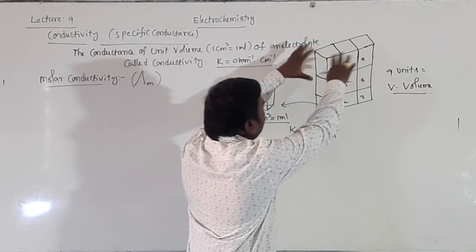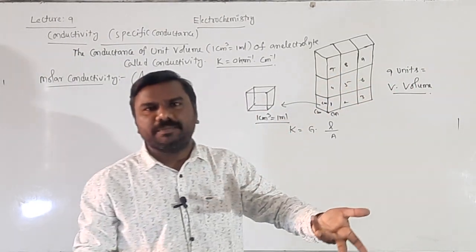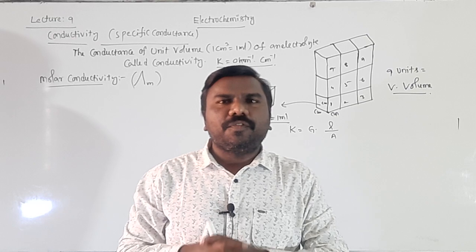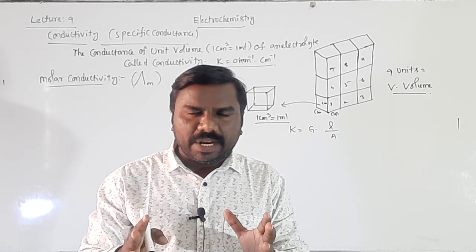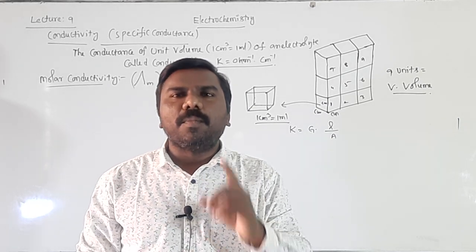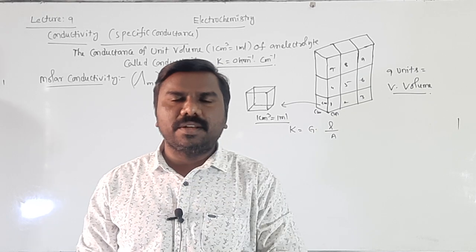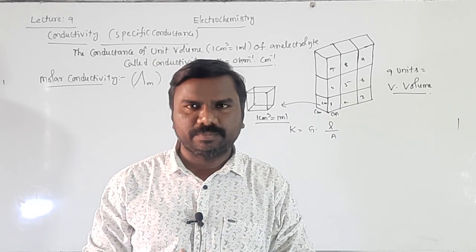But if you take the total volume, that is V volume, we don't know how many units. If you consider the total V volume of an electrolyte, that conductance is called molar conductance. Molar means the molarity of the electrolyte taken is 1.